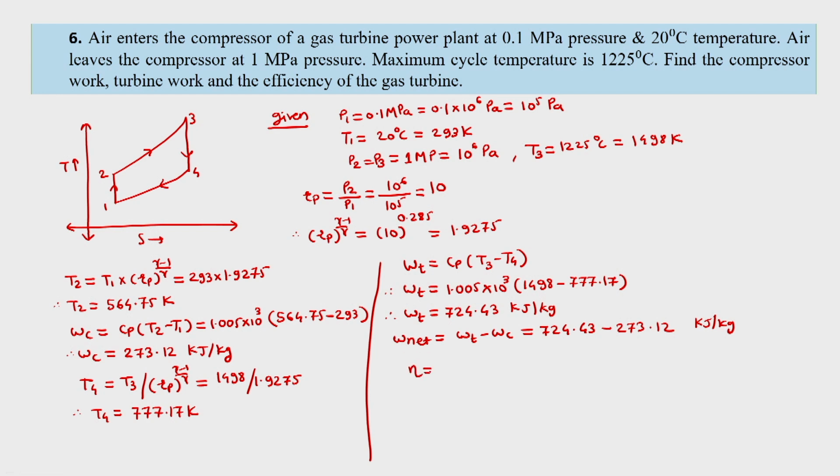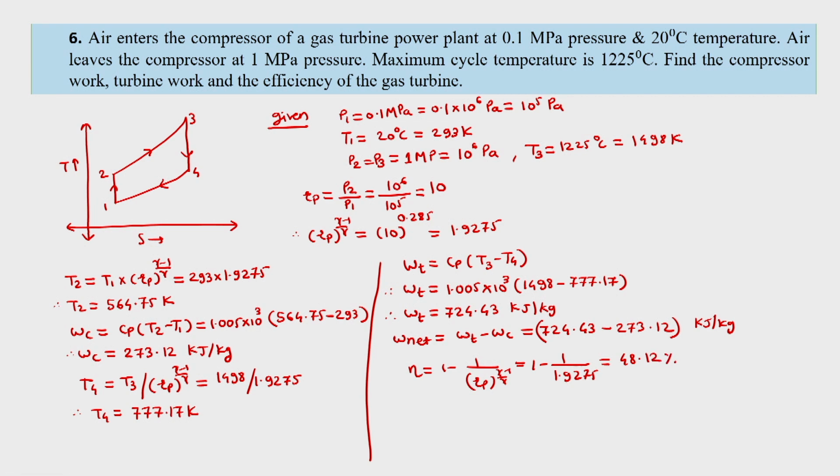Further, we are asked to find out efficiency, and efficiency is 1 minus 1 upon Rp raised to gamma minus 1 upon gamma. So 1 minus 1 upon 1.9275, so it is 48.12%.